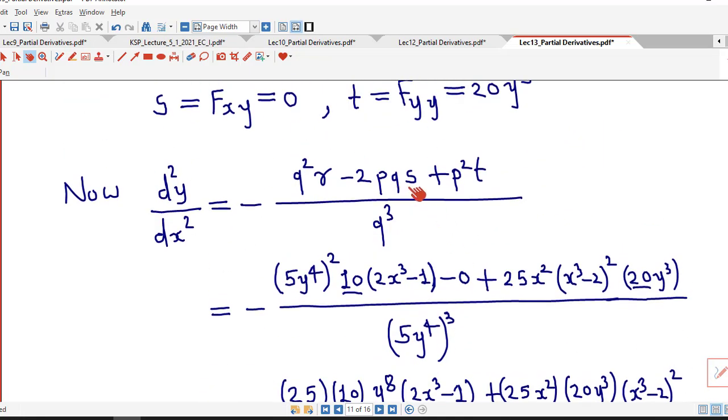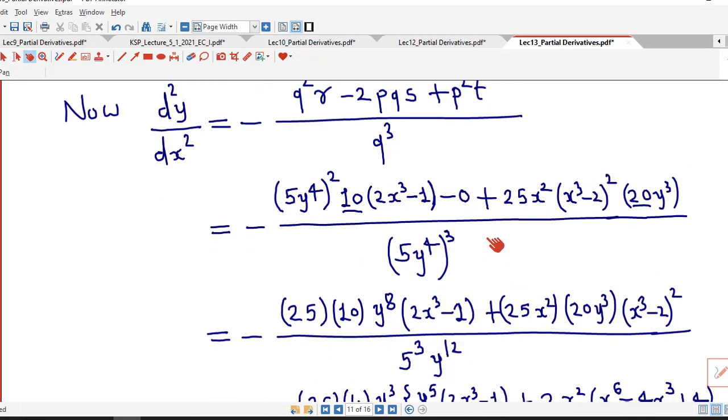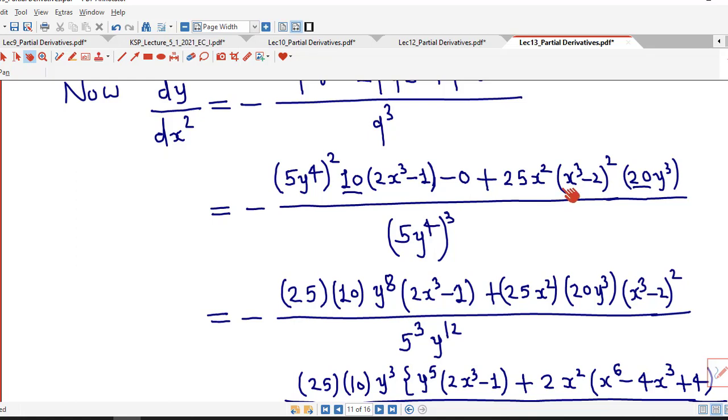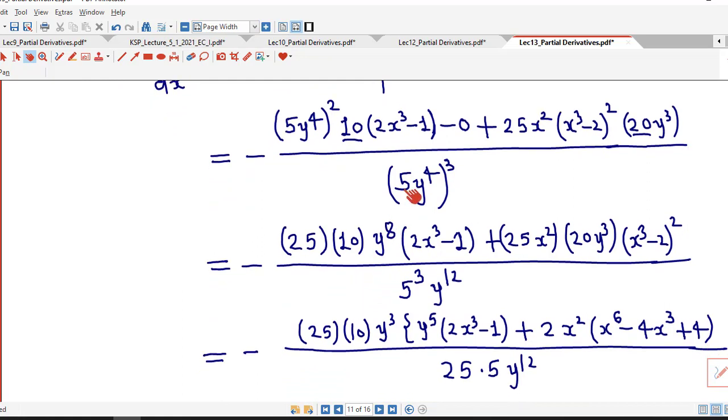Here s was 0, so the second term becomes 0, and here we write it as it is, 25x square, 20y cube, square of x cube minus 2, and in the denominator 5 raised to 3 into y raised to 12.